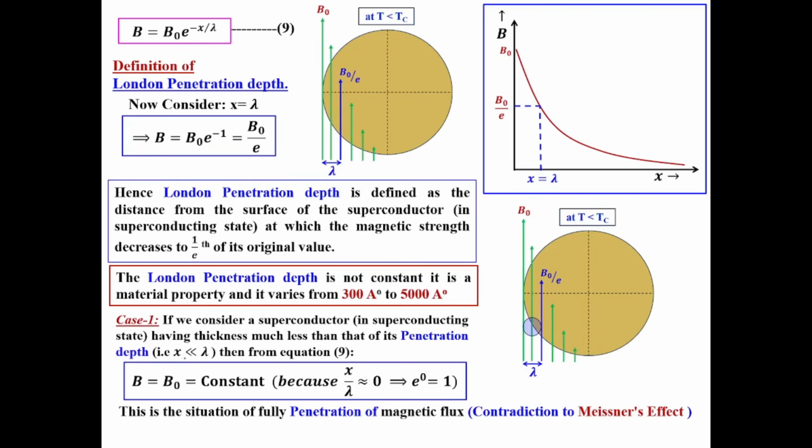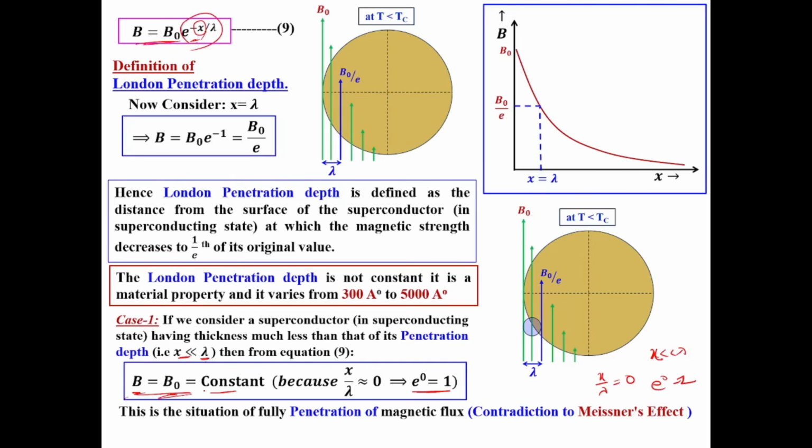Mathematically the same thing is written: when x is less than lambda, the so-called penetration depth, then B equal to B naught, approximately a constant value. Suppose x is very much less than lambda. Then e to the power of x by lambda, with the exponent being 0, e to the power 0 will be 1, so B equal to B naught.